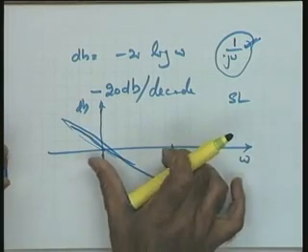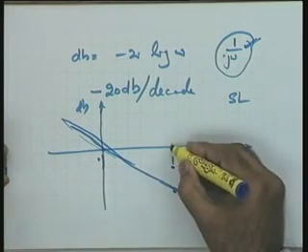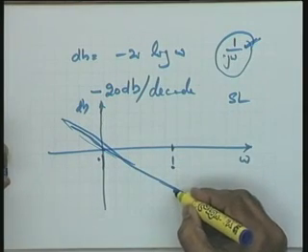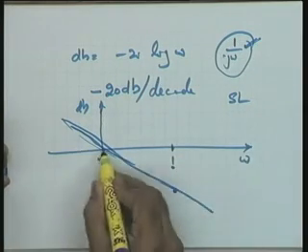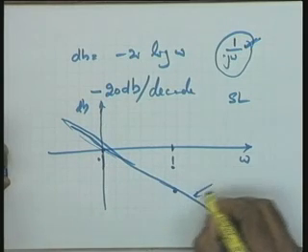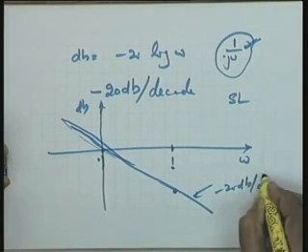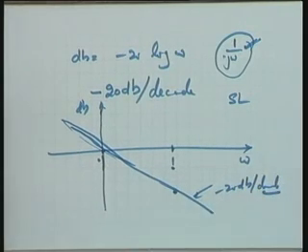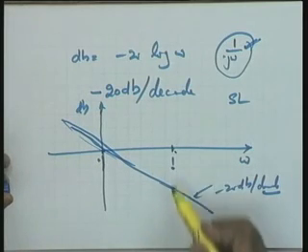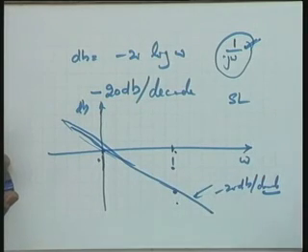So I take a decade of frequencies, put the magnitude down by minus 20 dBs at this decade, and join this to this point. Yes, it is 1 over j omega, not j omega, because I am taking minus 20 dBs per decade. After a decade of frequency, the magnitude goes down by minus 20 dBs.